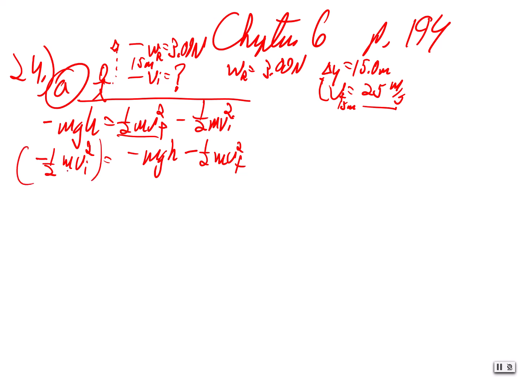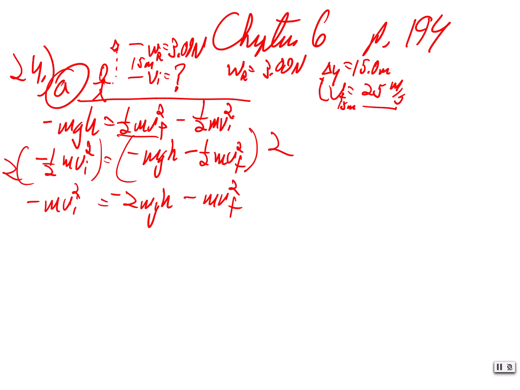So if you do that times 2 and this times 2, you get mv squared initial is equal to 2mgh, negative by the way, minus, and that's minus, don't let me forget it, mv squared final. Okay, so now we got rid of the halves, all right?